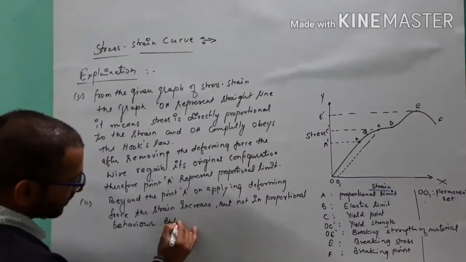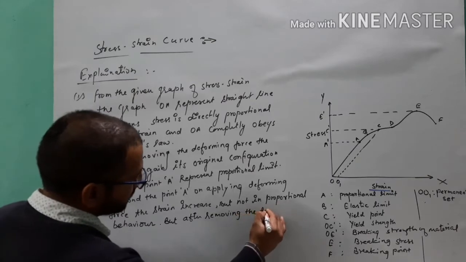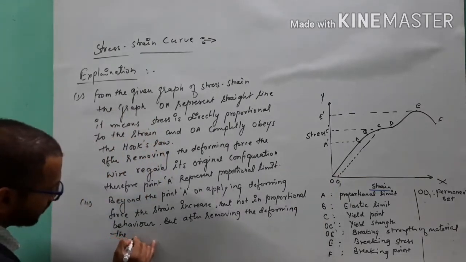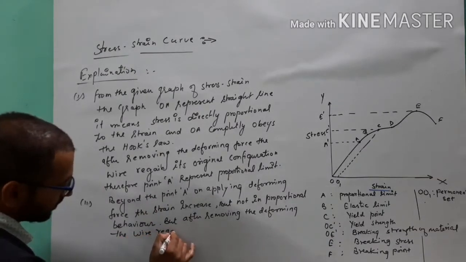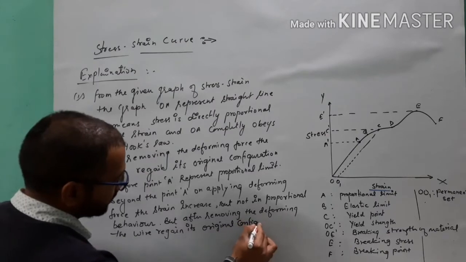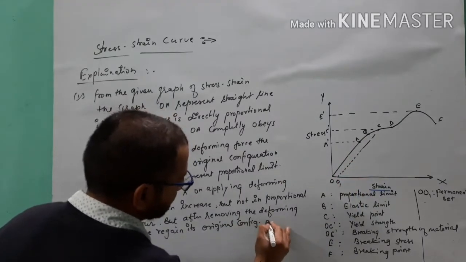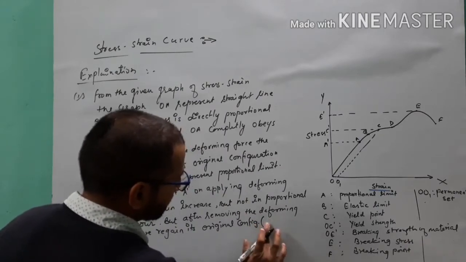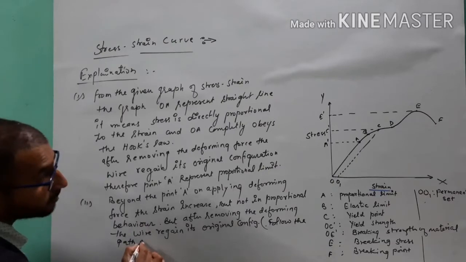But after removing the deforming force, if at this point we remove the deforming force, the body, or you can say the wire, regains its original configuration, meaning the wire covers the path from B to A to O, or follows the path BAO.